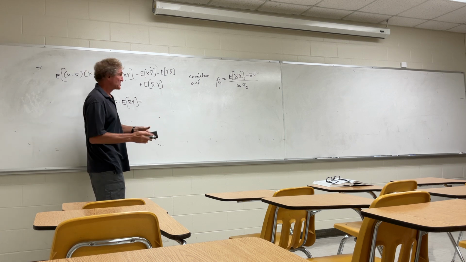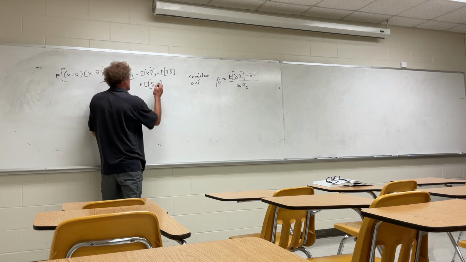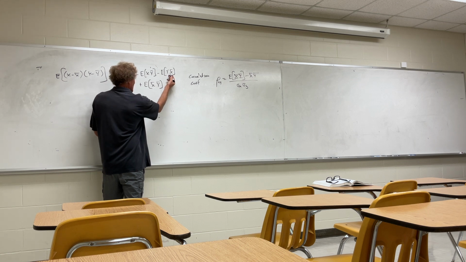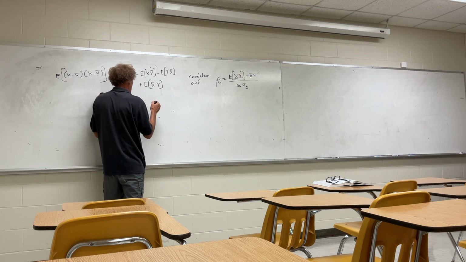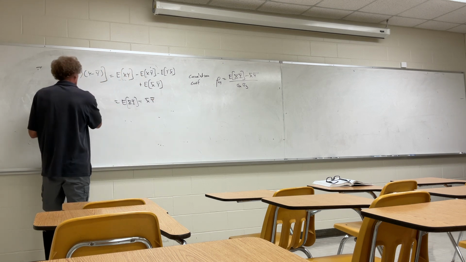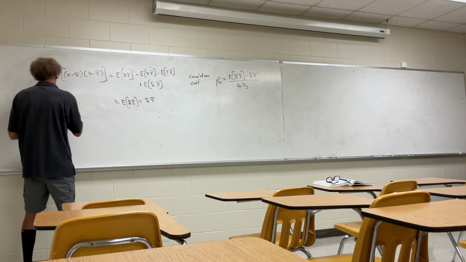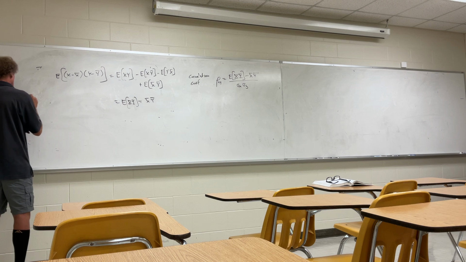You all with me? So this is x y bar, and that is x y bar, and that is x y bar. So I have the expected value of xy minus 2 x bar y bar, or simply minus x bar y bar, which is equal to what this is. This is the covariance.